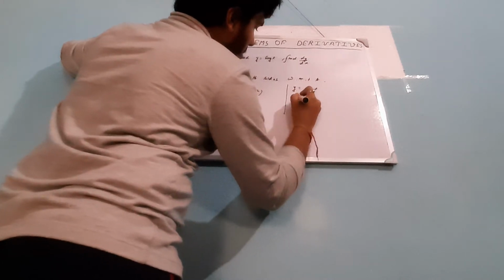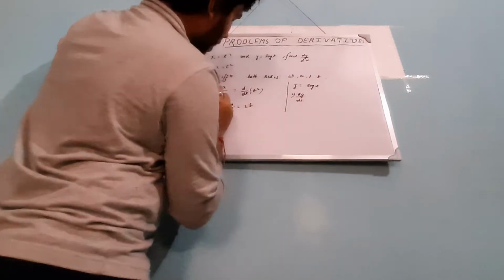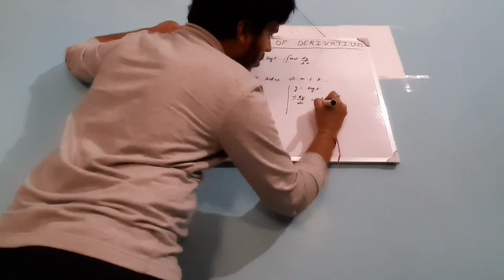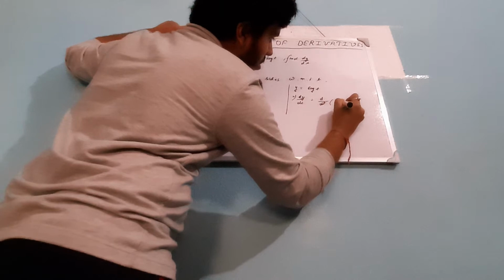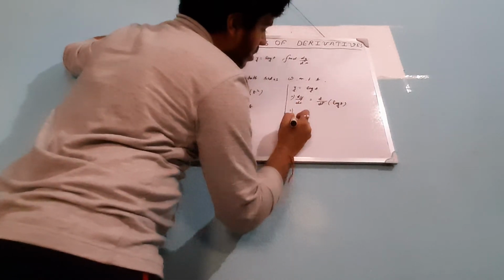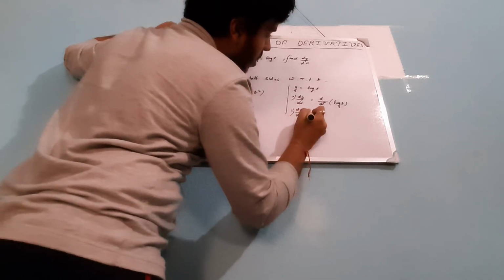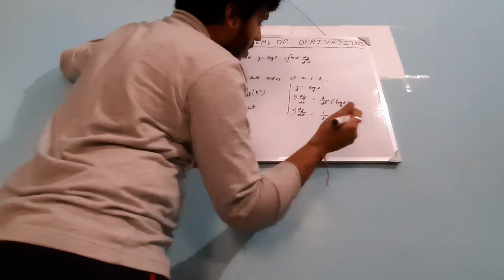So this will be dy by dt, as I have told you in this formula. So dy by dt of log t, you know the formula: dy/dt of log t means 1 by t, or dy/dx of log x, it is the same formula.